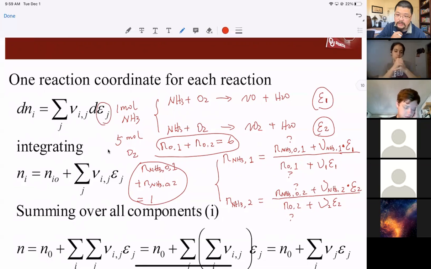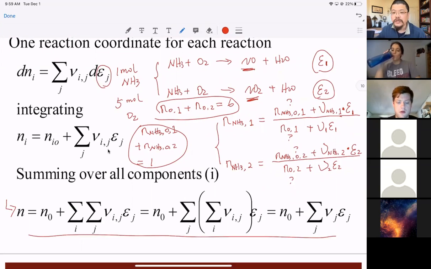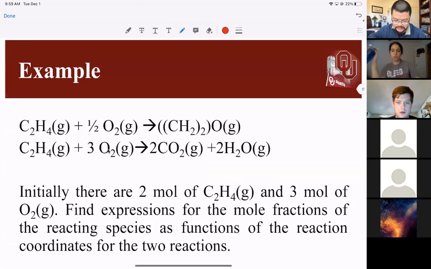So ammonia and oxygen and water will be a little bit more complicated, but NO and NO2, we just utilize one reaction coordinate. Okay. Then nothing special, we just need to add up all those components like we have in this equation. So sometimes the equations themselves, they don't tell too much. So this is why we'd better look at this example.